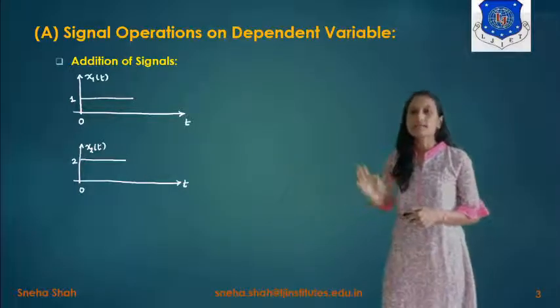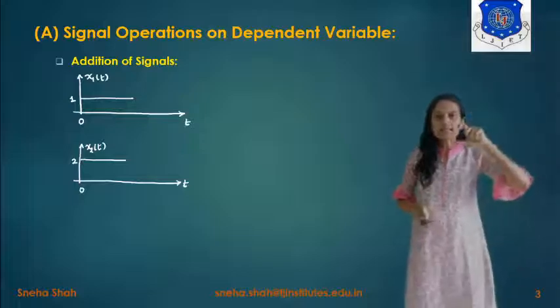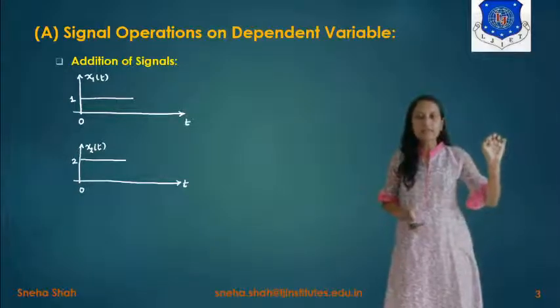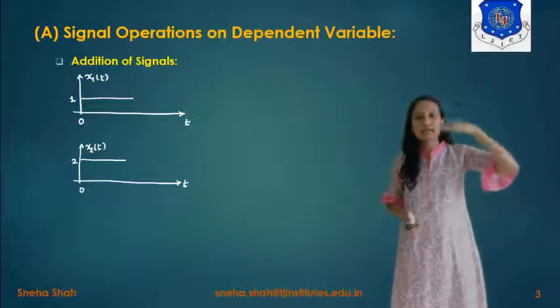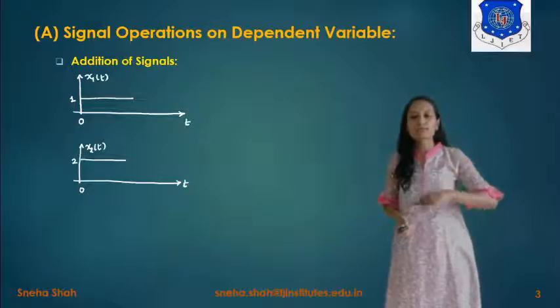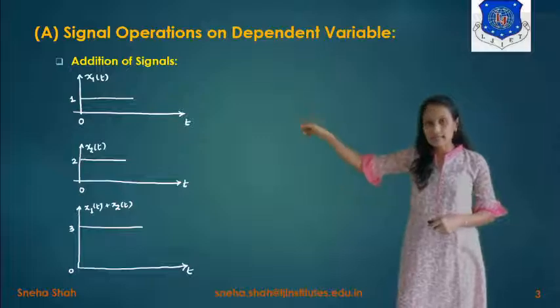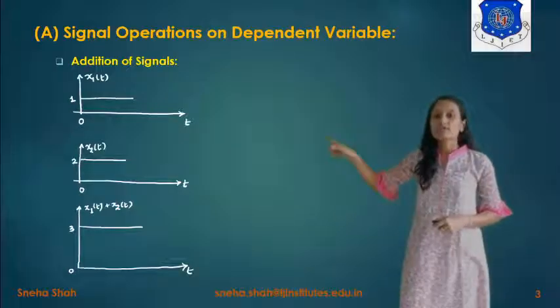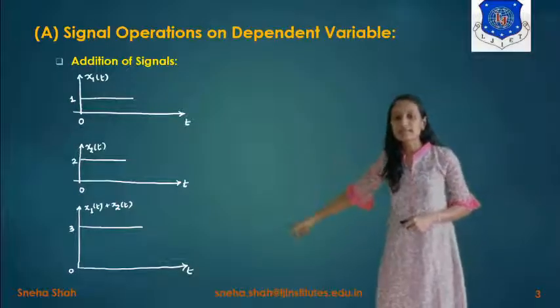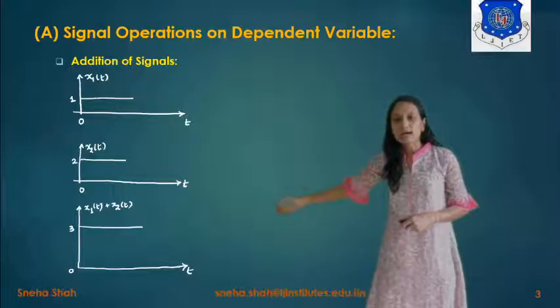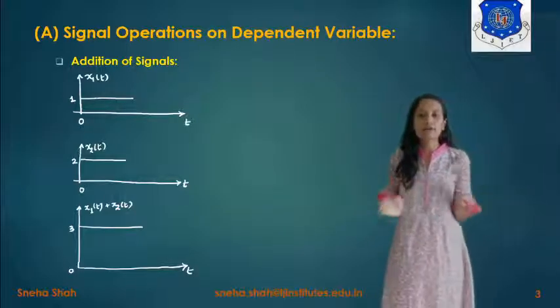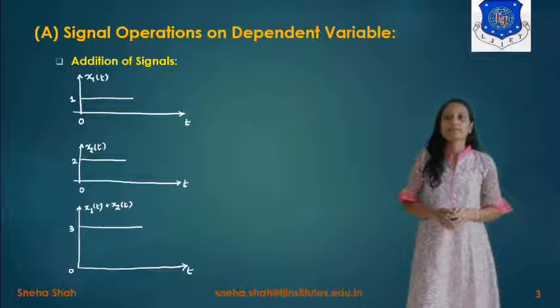Adding these two signals as x1 of t plus x2 of t, the amplitudes will be added. So 1 plus 2 gives the output 3. It will give the output signal as 3 for 0 to infinity.